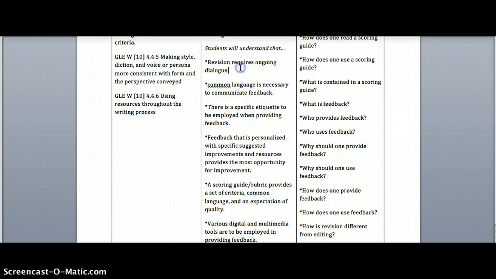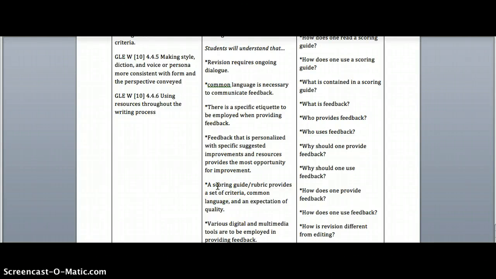Going back to what students will understand, again, there is a long and specific list. The course itself is very specific, so I have specific understandings. We're looking at revision as an ongoing dialogue, establishing common language, exercising specific etiquette when providing feedback, understanding that feedback that is personalized is going to create more improvement, and also providing resources and samples will help improve.